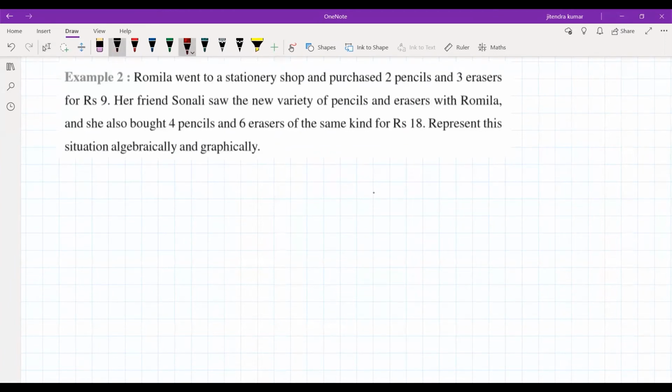The question says that Romila went to a stationery shop and purchased two pencils and three erasers for Rs 9. So it is about the price of pencils and erasers.